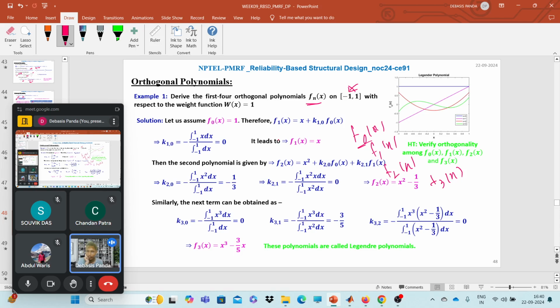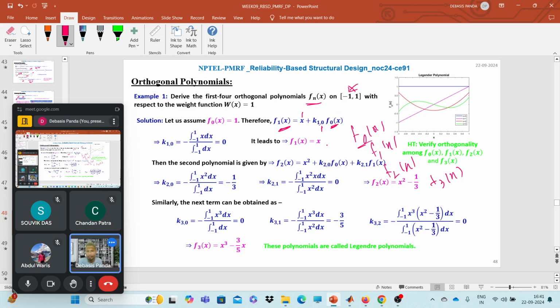Now for f1, you need to impose the orthogonal property between f1 and f0. So f1 x will be x to the power 1, plus k, that will form one matrix where k01, k10, all these terms will be made. So this is nothing but your degree, and this is the term along which the coefficient is sitting.